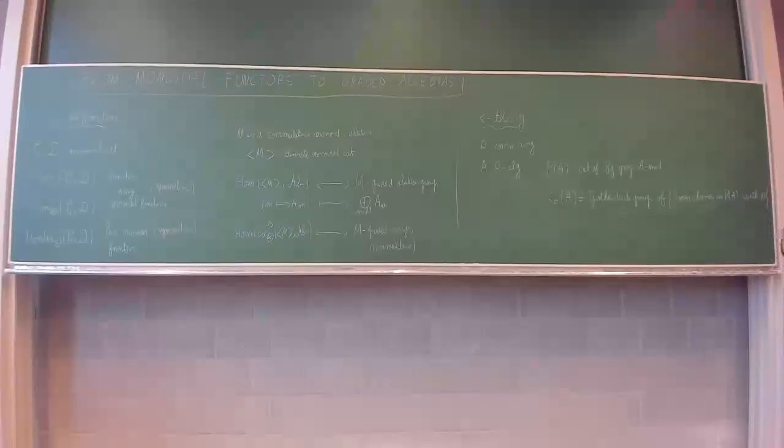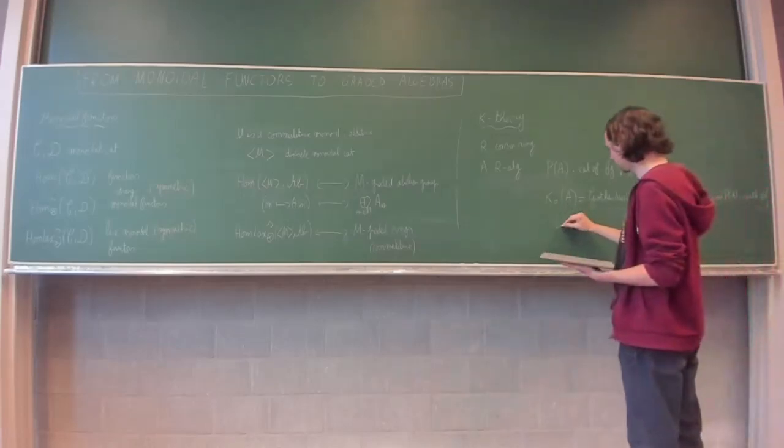So if you have finitely generated projective modules, you can take the direct sum. That gives you a monoid structure on the set of isomorphism classes, which is indeed a set because it's finitely generated. But that's not a group. So you take the group completion, so you add formal inverses. Okay, so that gives you an abelian group.